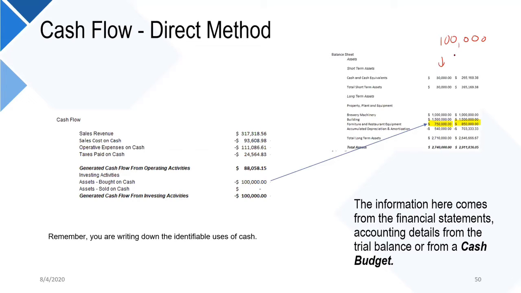You don't do a difference here. You write down the information inside the cash flow because it's either an outflow or an inflow. All right. Is that clear? Are you following me?